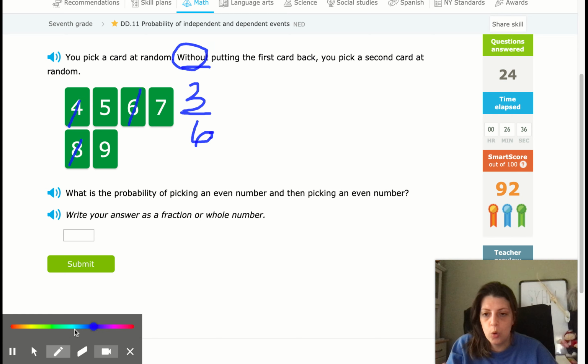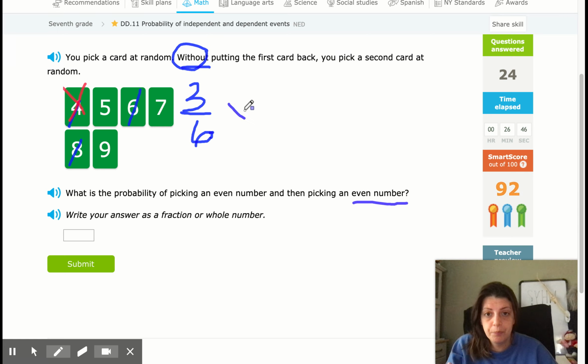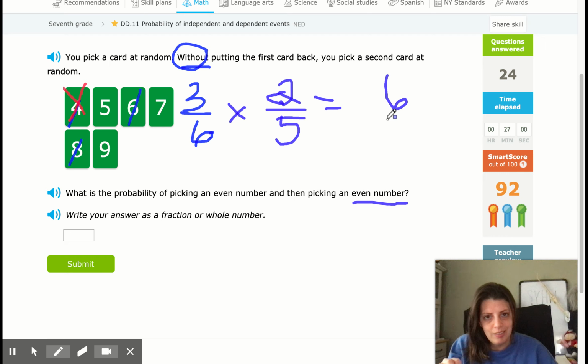So I'm going to get rid of one of my even numbers. And now I want to pick an even number. So there are only 5 cards left. And there's only 2 even numbers left. Remember, because I picked one of the even numbers already. You should really reduce. I don't know why I'm not reducing any of these.